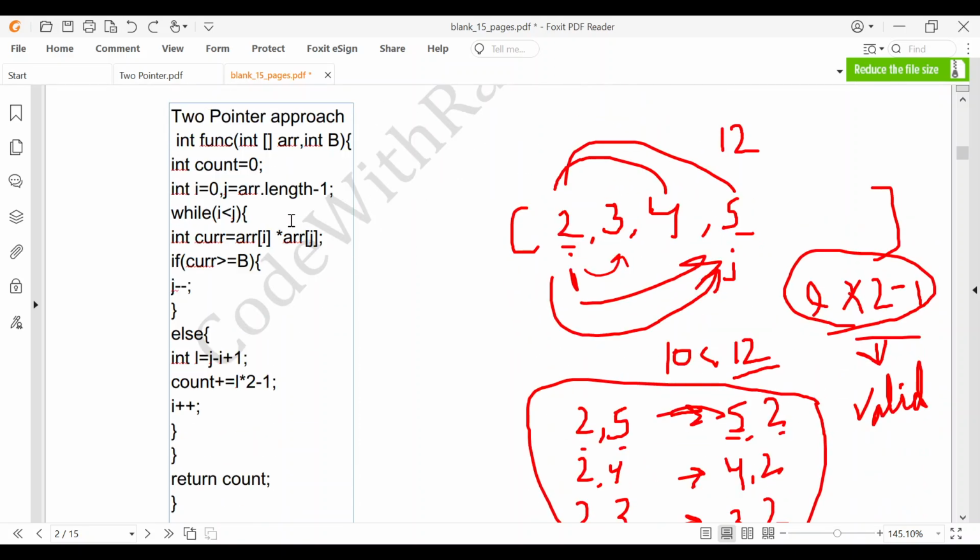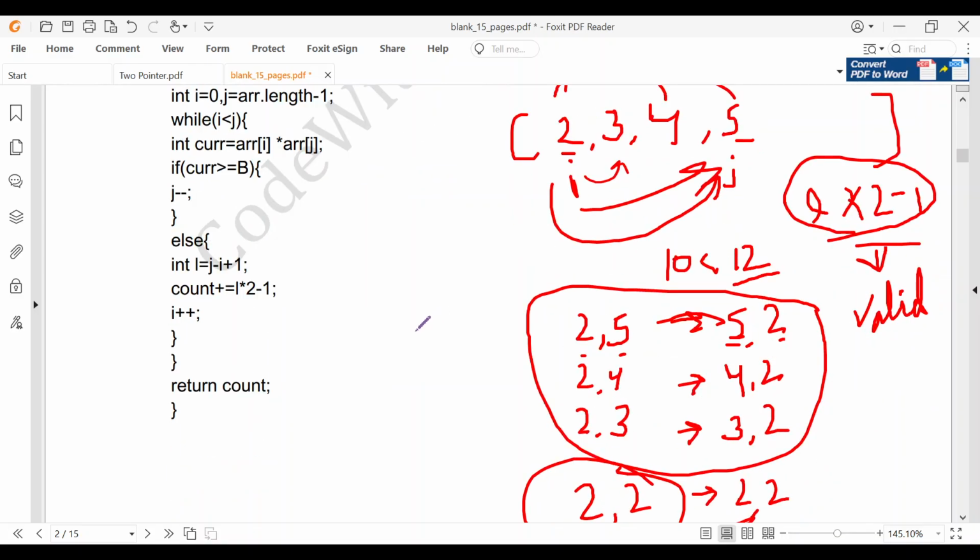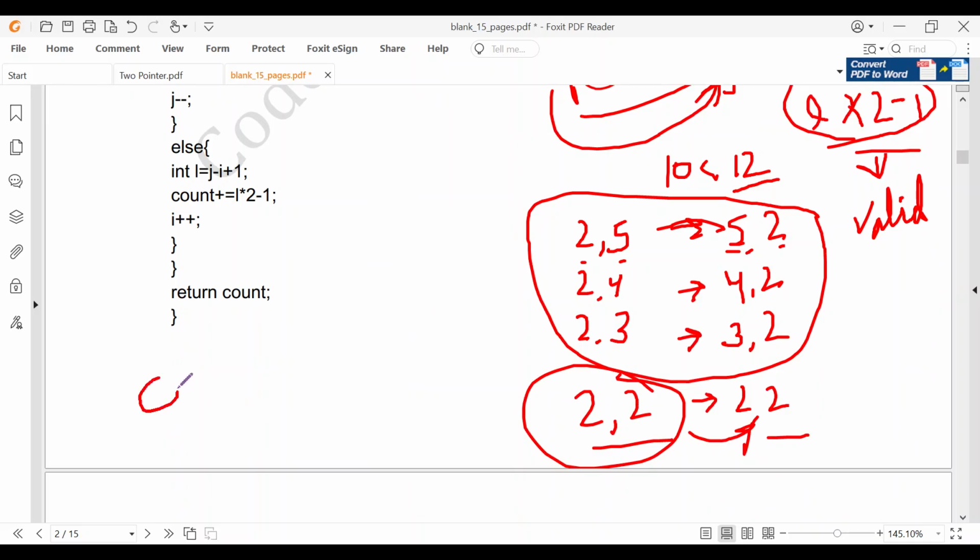The time complexity for this solution is order of n only. Why is the time complexity order of n? Because each and every element in this array is going to be traversed only one time. So that's why the time complexity for this solution is order of n, and the space complexity for this solution is what?